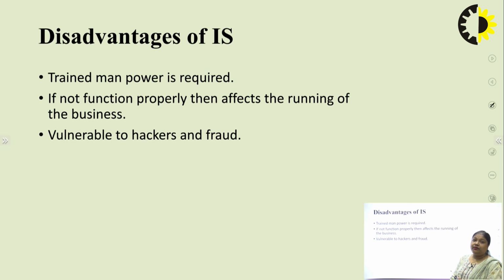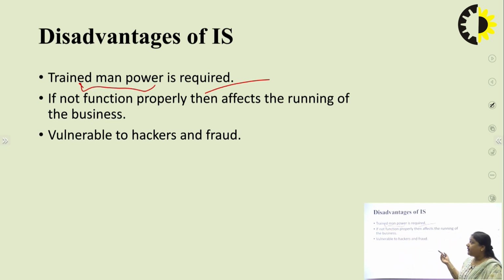What are the disadvantages of information system? If we have some advantages, then we also have some disadvantages of information system. Maybe trained manpower is not available. We need trained manpower.